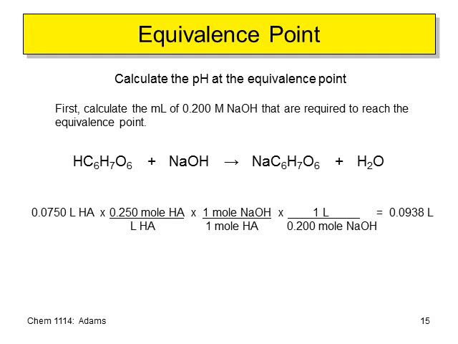Using dimensional analysis, we're going to multiply by the mole ratio of sodium hydroxide to the monoprotic acid, and then we're going to divide by the molarity. We will get 93.8 milliliters, or 0.0938 liters of base required.